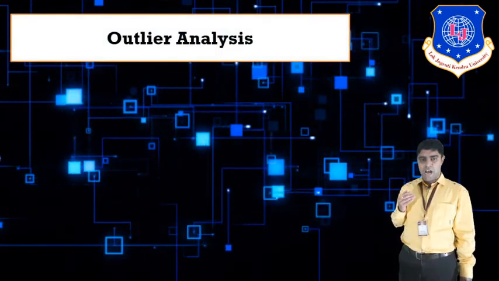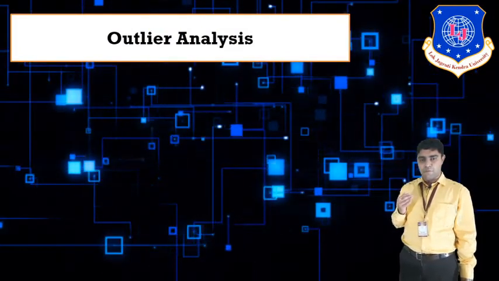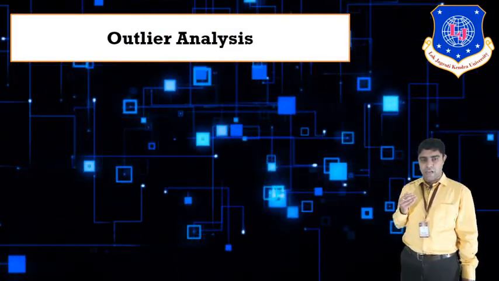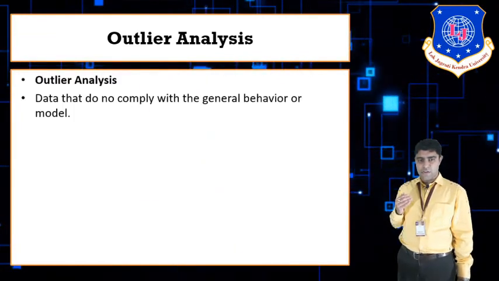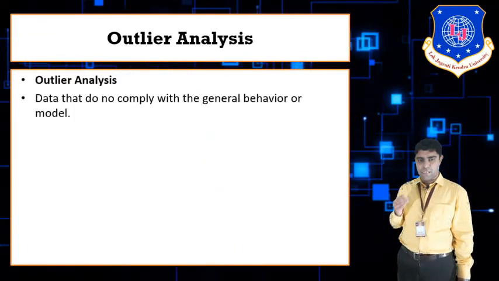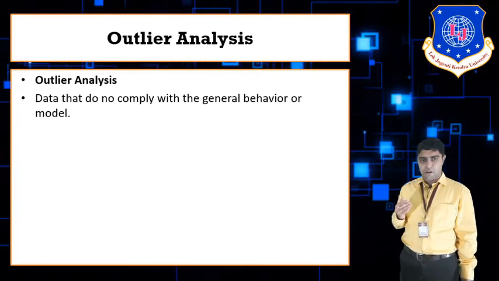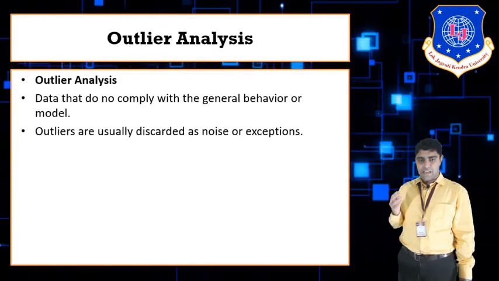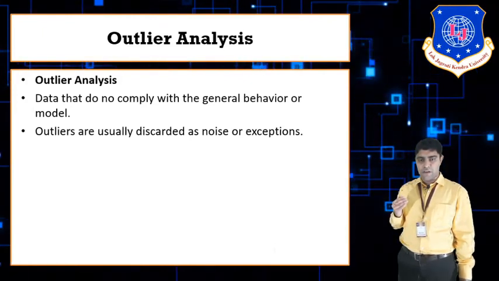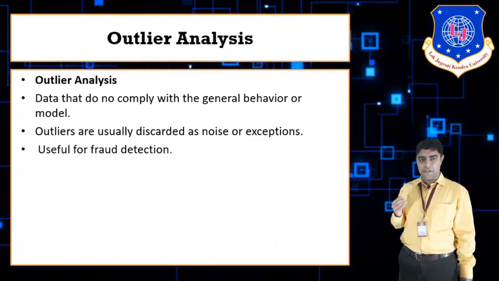Next is outlier analysis. Outlier analysis means outliers will be removed from the data. Data that do not comply with the general behavior or model is called an outlier, and this is outlier analysis. Outliers are usually discarded as noise, or they are exceptions.